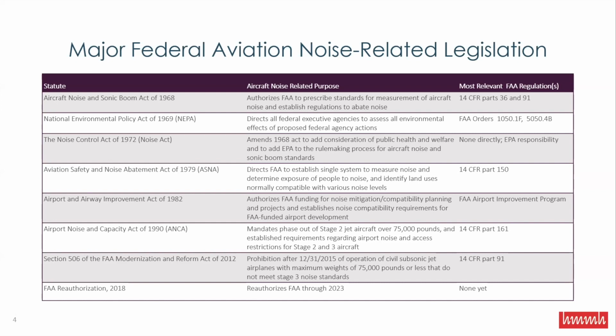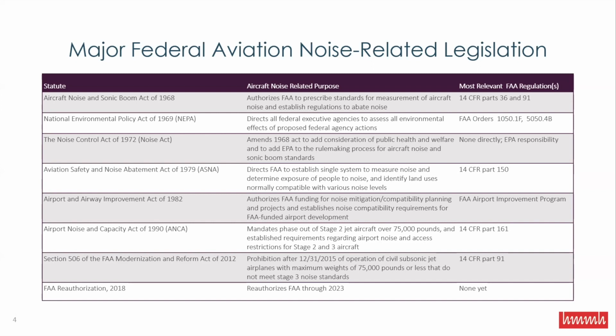And then the last two there, Section 506 of the FAA Modernization and Reform Act, phased out the Stage 2 aircraft less than 75,000 pounds, so the smaller aircraft, whereas ANCA phased out the larger aircraft over 75,000 pounds.